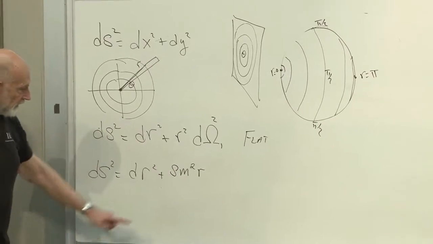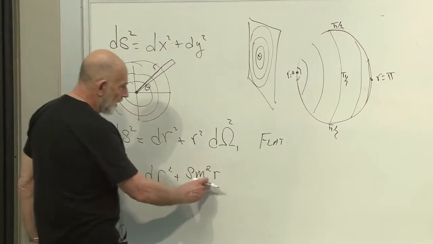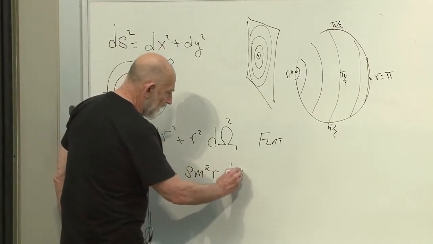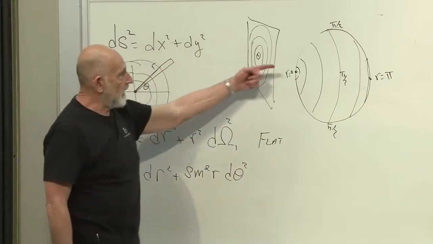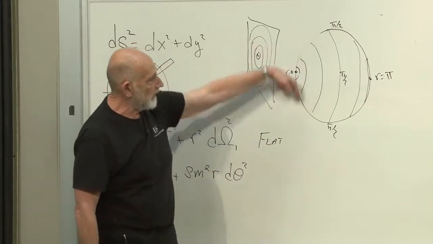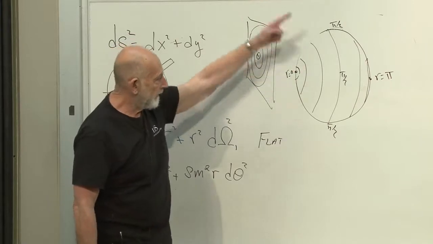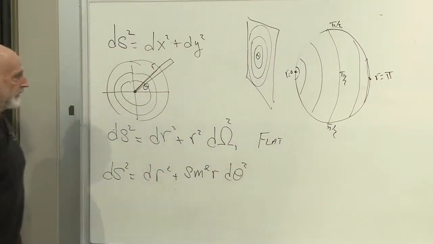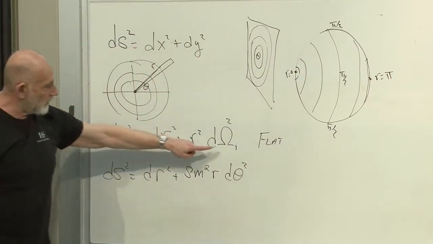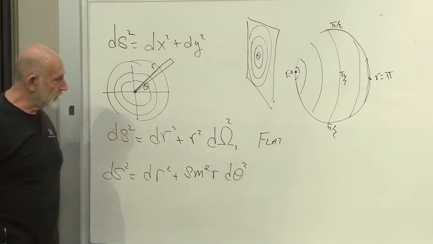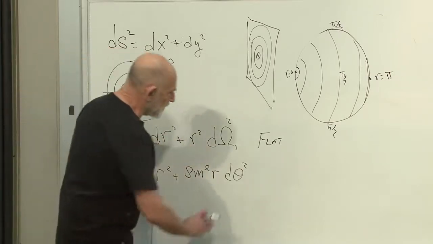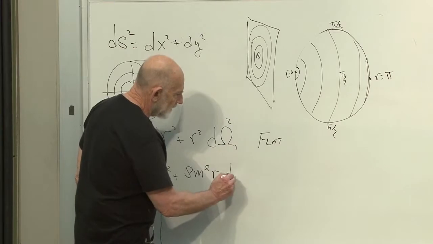Instead of r squared, we have sine squared r. We can write d theta squared here if we like. d theta would be the angle around here. But we can also call it d omega 1 squared. Same thing. So let's put d omega 1 squared.